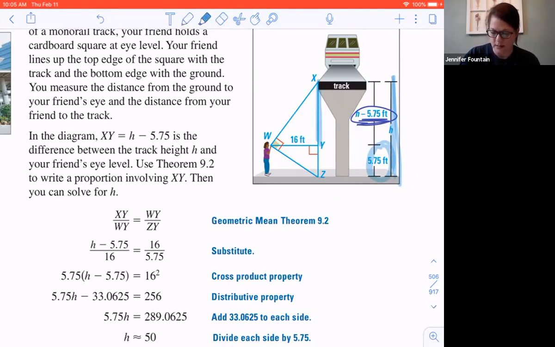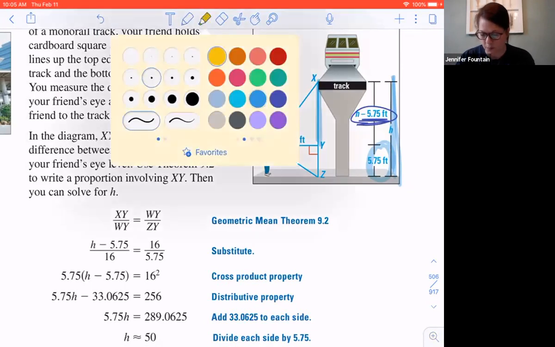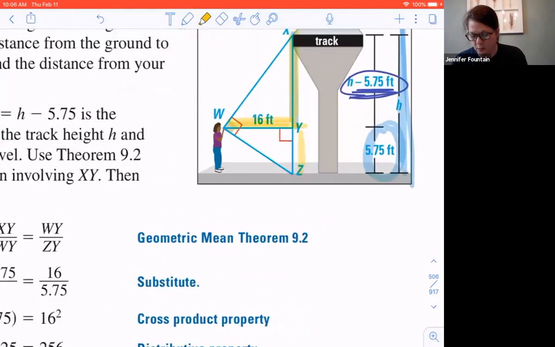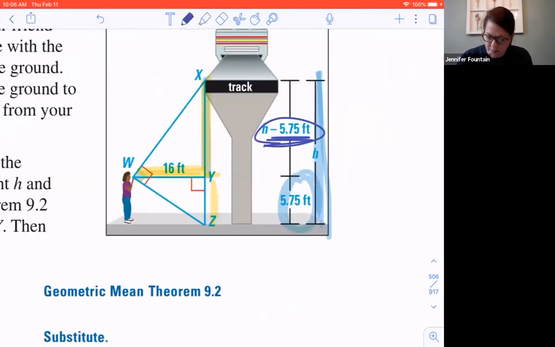So let's see, let me get a different color real quick and we'll highlight what we're looking at. So I've got XY over WY is equal to WY over ZY.